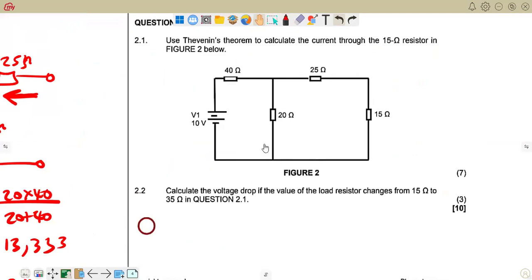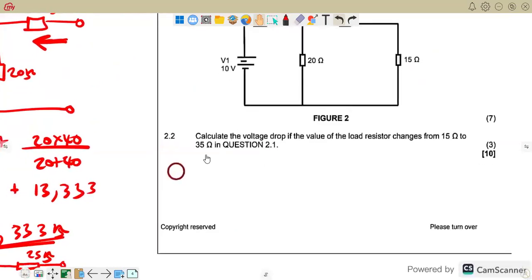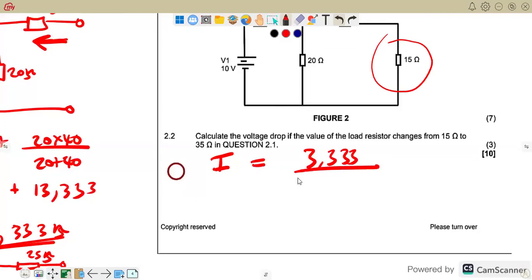Basically, everything will remain the same, because remember we removed the load when we calculated RTH, and again when we calculated VTH and ITH. So when you calculate the new current, it is equal to 3.333, VTH is still the same, divided by RTH, which has not been affected, 38.333, plus the new load resistor of 35 ohms, giving 0.045 amperes.